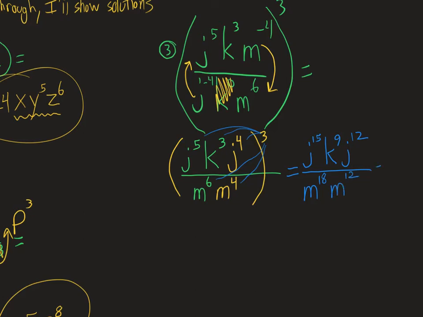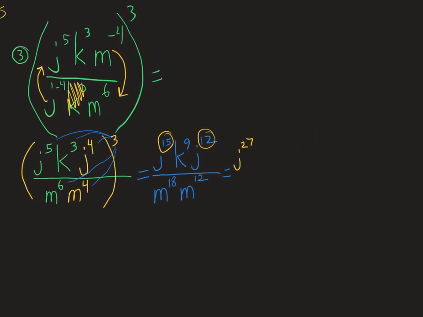And now my final step, I can do those subtractions or adding, whatever there's got going on. 15 J's and 12 J's is 27 J's. M's on the bottom. We've got 18 and 12 makes a total of 30. And the k's didn't have anybody to connect with, so they just moved to the answer. There you go.